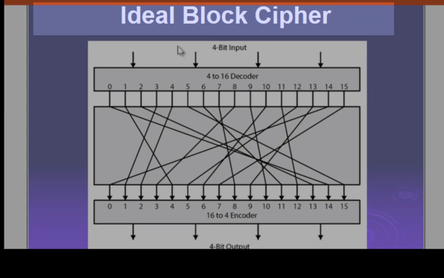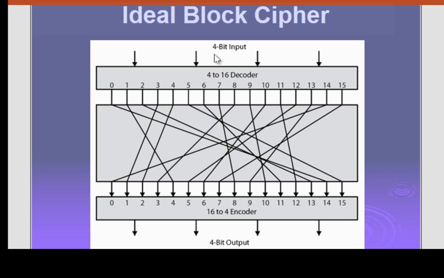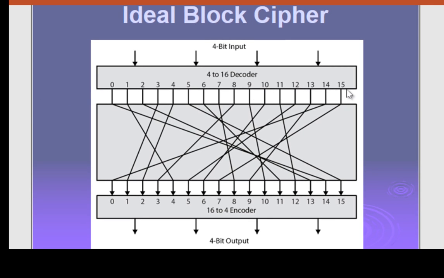If you see the ideal block cipher, the ideal block size is 64, but for the time being we are showing a 4-bit block cipher. How will the 4-bit block cipher work? For a 4-bit block you have to choose 2 power 4, that is 16 entries, 0 to 15.